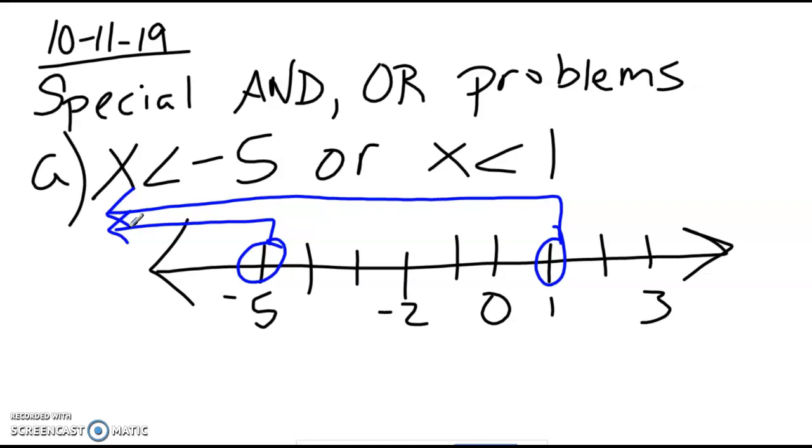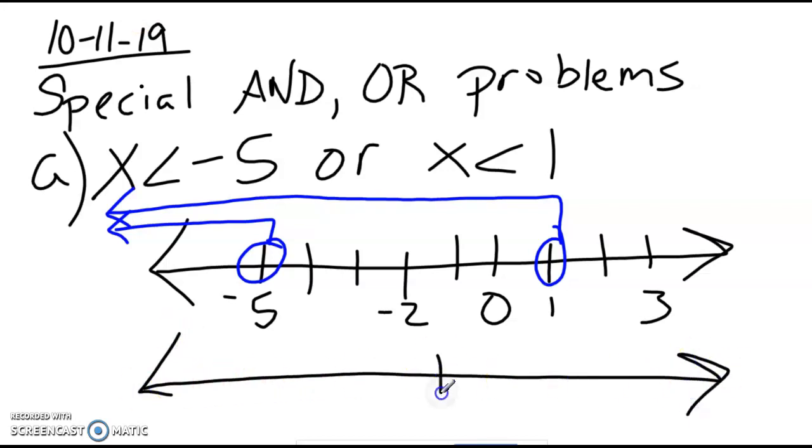So our solution has to show both of them put together, whether they overlap or not. So where does our solution start when we move right to left? At least one of them starts at 1. So our final graph is going to be where we show both of those put together.